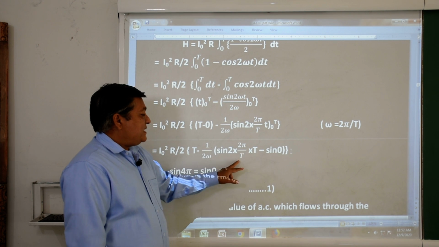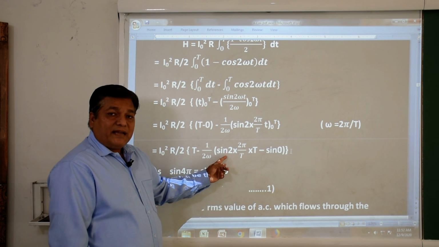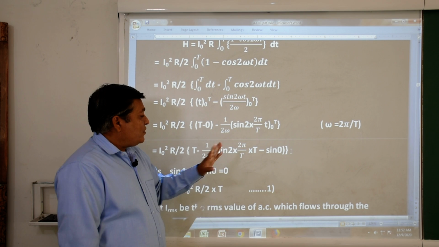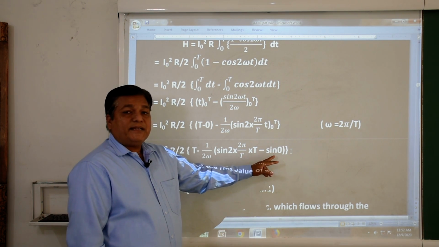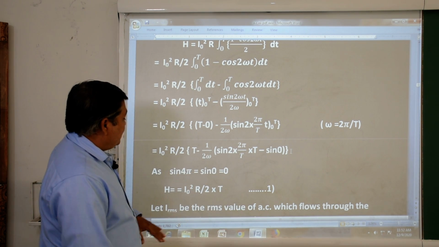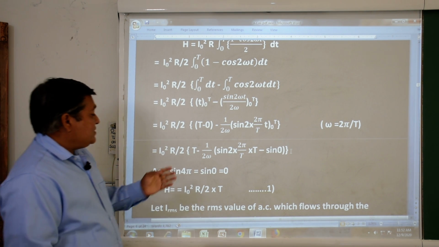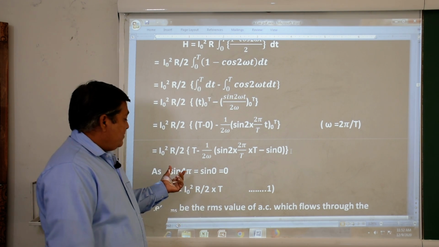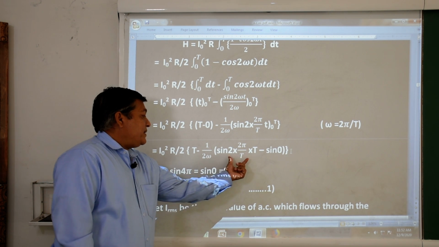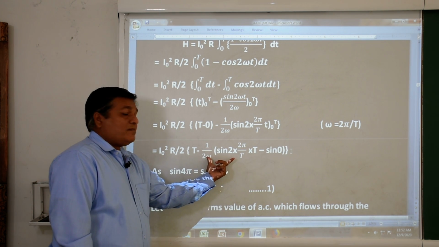When T cancels T, the angle of the sine becomes 2 into 2 pi, that is 4 pi, and the other becomes sin 0. In both conditions, we know that sin 360 degrees or sin 0 degrees is equal to 0, so this complete bracket becomes 0.